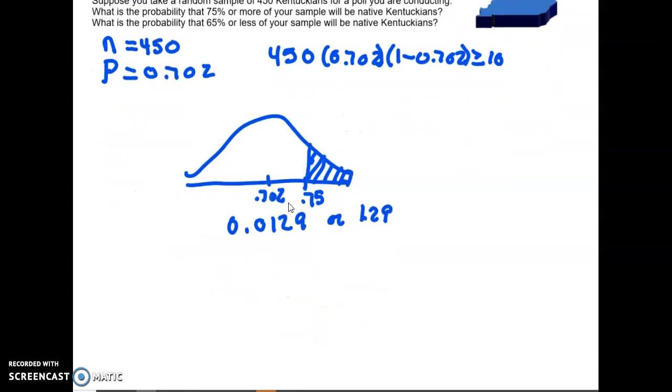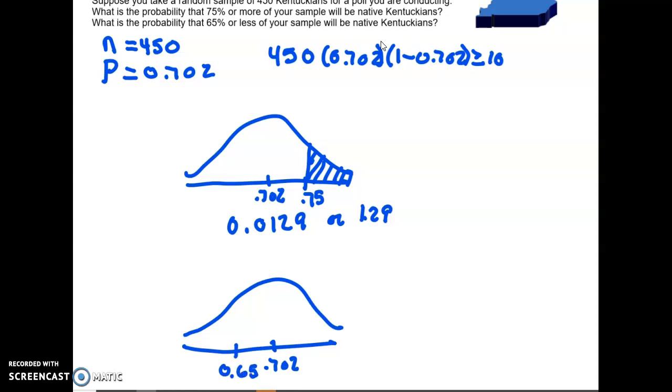In the second problem, we're doing 65 or less. So we've got our normal distribution here. Here's 0.702, 70.2%. 65 or less, 65 is going to be on this side, so 0.65. And it says or less, so for less than, we're shading in this direction.